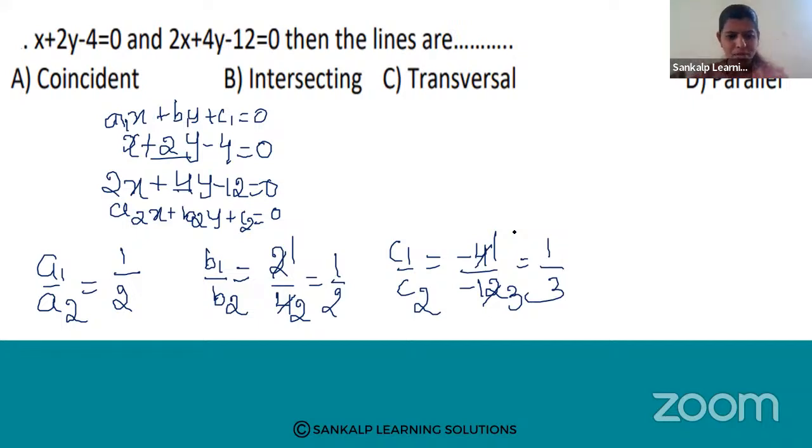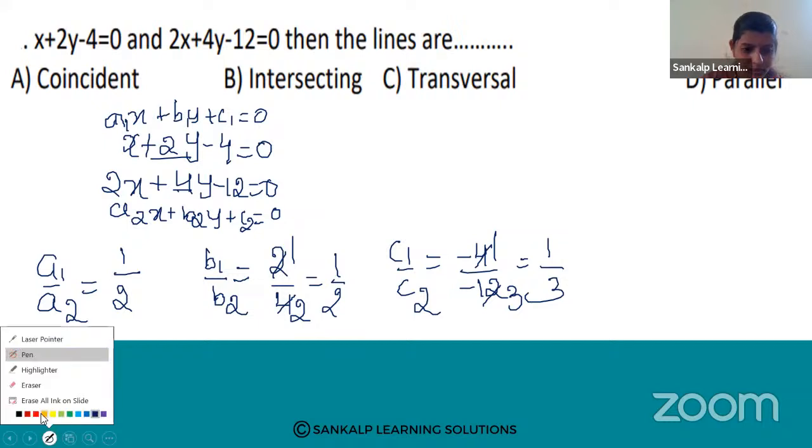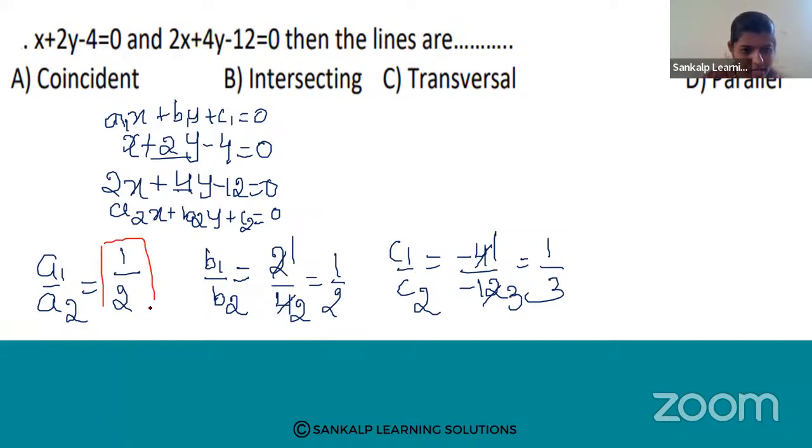Now compare all the ratios. Here a1 divided by a2 is 1 divided by 2, b1 divided by b2 is 1 divided by 2, and c1 divided by c2 is 1 divided by 3.